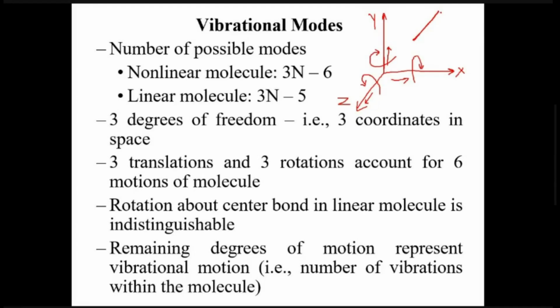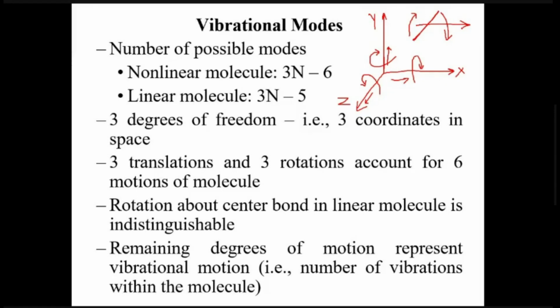One end will come like this, the other end will go like this, while the stick is moving in one particular direction. It is something like a knife throwing competition. So it is translational motion.